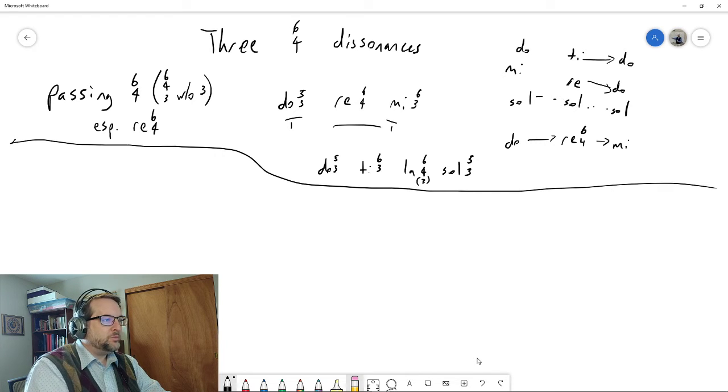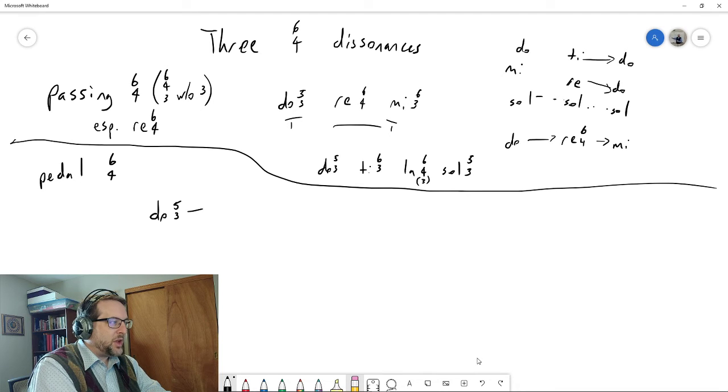Type number 2. Again, defining based on what the bass is doing at any given time, we're going to call it a pedal 6/4 chord. What this is, for example, say I've got do 5/3 and I'm hanging out and the bass isn't going anywhere, and I'm just going to keep the bass the same. Do, do, do.